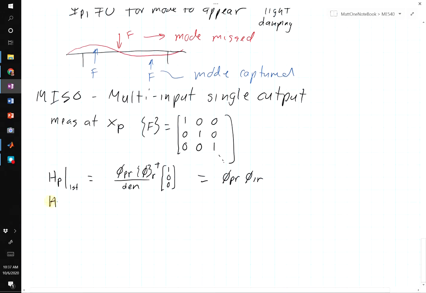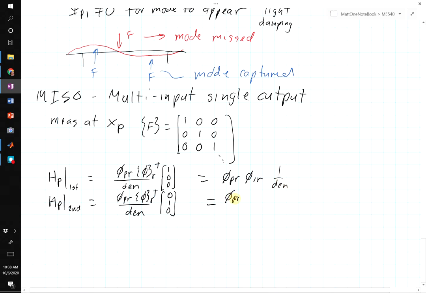And then in our second test, we move the force to the second point. And you can see then, we'll have 0, 1, 0, like that. Again, the numerator, and we've always got the denominator on the bottom.